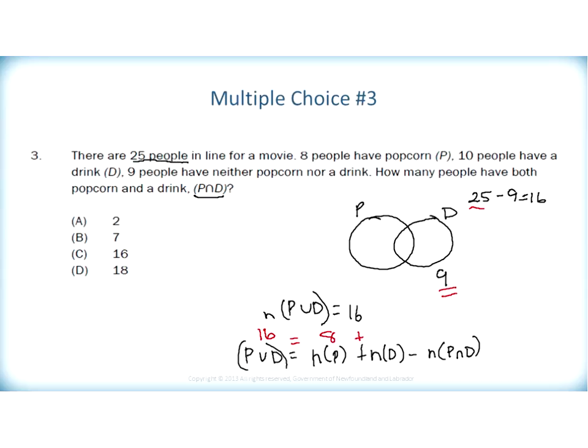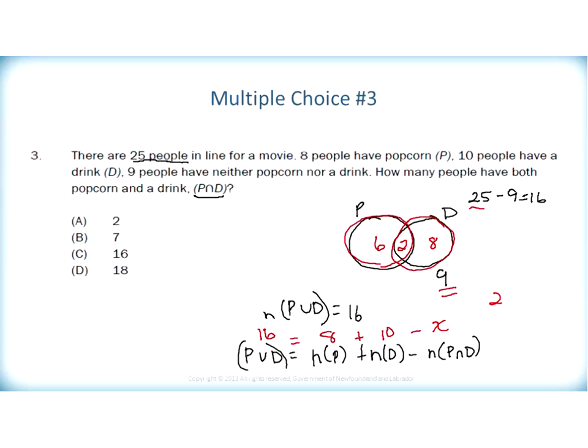And the number of people that have drink is 10. So this would be X, and we see that X would equal 2. There's 2 people. And the people that only have popcorn would be 6. And the people that would only have drink would be 8. Since that would give us 10 here, that would give us 8 here.